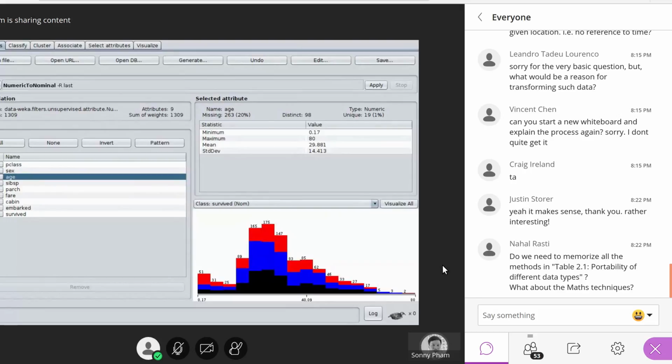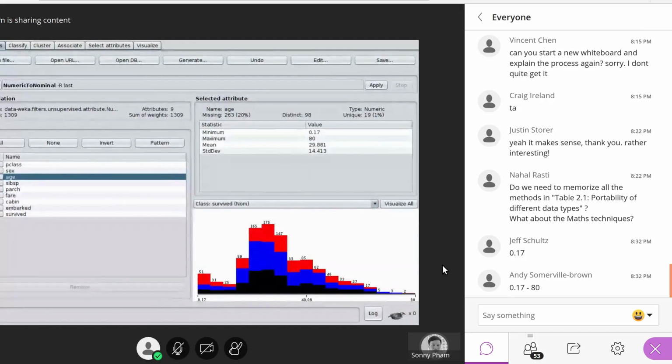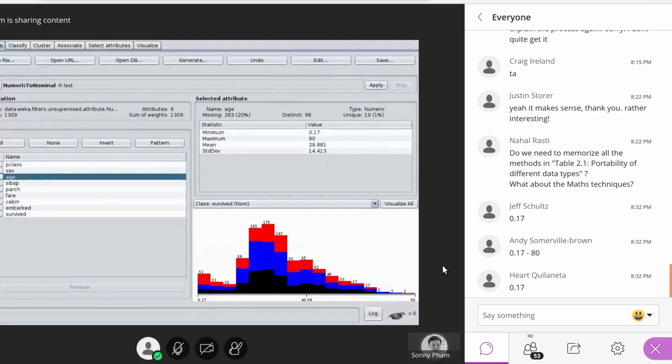I would like you to pay attention to the range of values. What is the minimum value that you can see for age? Yeah, thank you, Jeff. Yeah, thank you, Andy. Yeah, so 0.70 to 80, right?